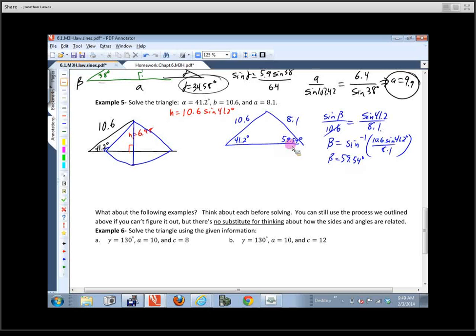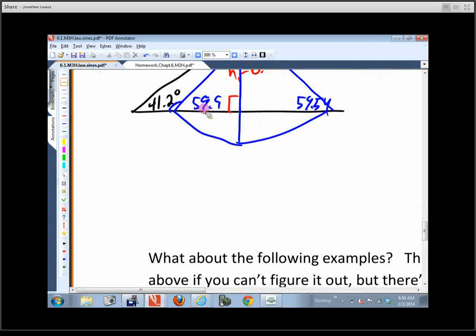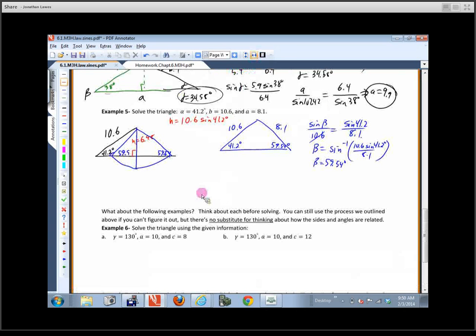So here's what we do. If this one right here is 59.54, this one over here has to be 59.54, and I'm going to zoom in on this right here. If that's 59.54, how big is this one over here? Or how would you figure it out? 180 minus that, okay? So here's what I draw for the second one. The second one looks like this. This is going to be 41.2.